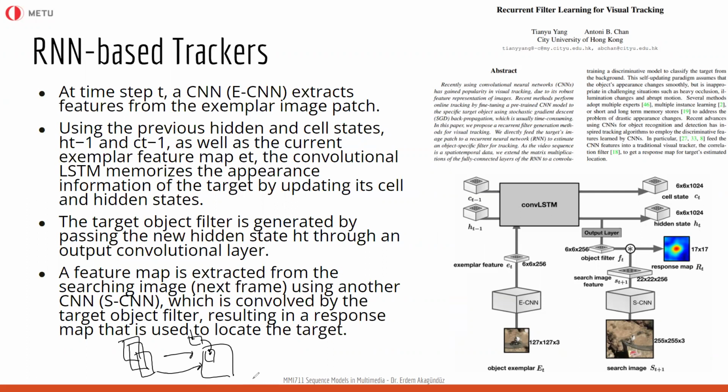You find the correlation of this template all over the image, scanning all over the image. But imagine instead of applying correlation, you convolve the image with a specific filter, not the template itself. Imagine I obtained a filter from the image. When I apply this filter to this image, I find the object, and with each incoming frame, I update this filter.